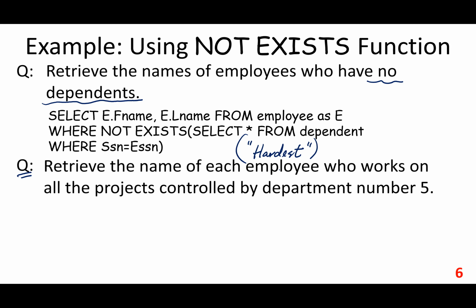This whole list of projects is controlled by department 5. Question: how to represent that part? Controlled by department 5. This is the hardest question of this class. So let's see the solution.